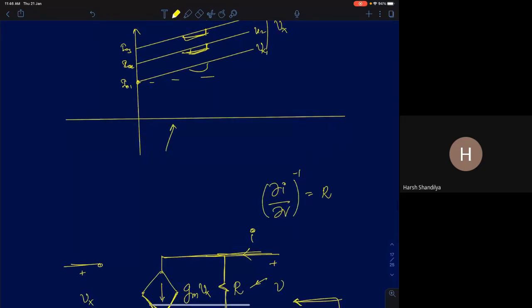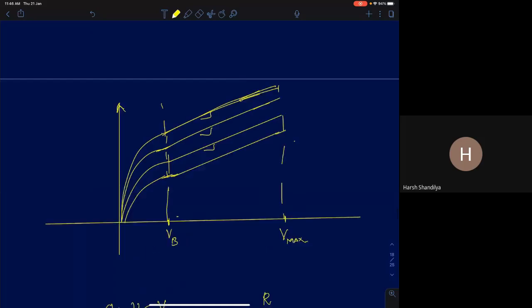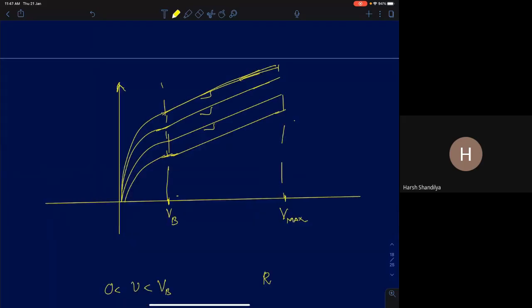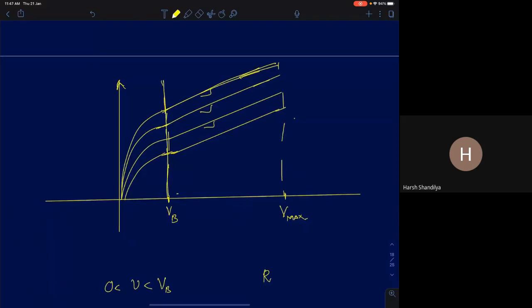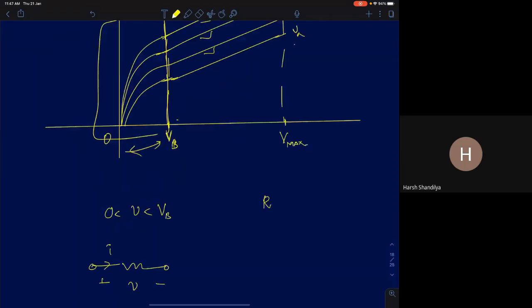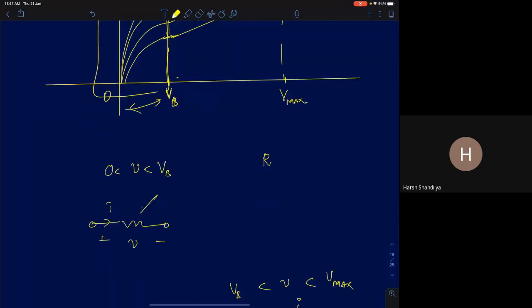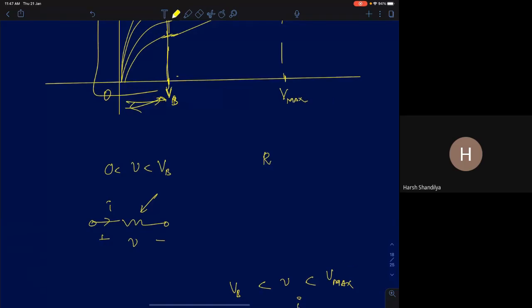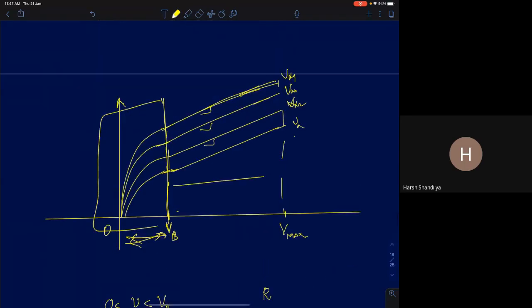Now if you are given a characteristic that looks like this, in this region between 0 to VB, I discussed this yesterday, I can say that it behaves like a variable resistor whose value depends on Vx. So this is Vx1, Vx2, Vx3, Vx4 and so on. What about the behavior in this region between VB to Vmax?